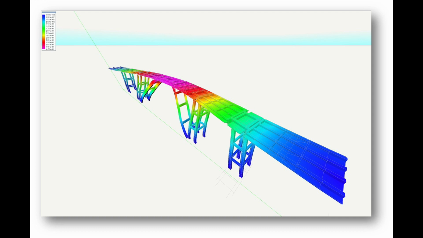Before showing the video, though, we'd like to show you some pictures. This first one is the fundamental shape mode in the seismic analysis.